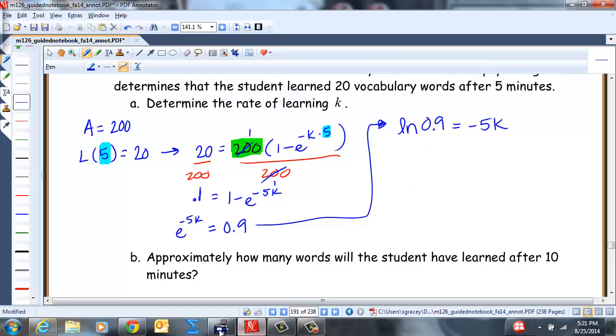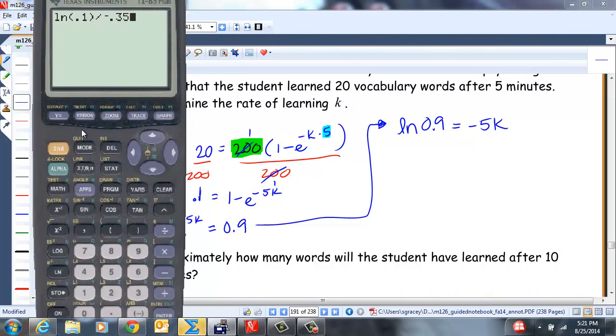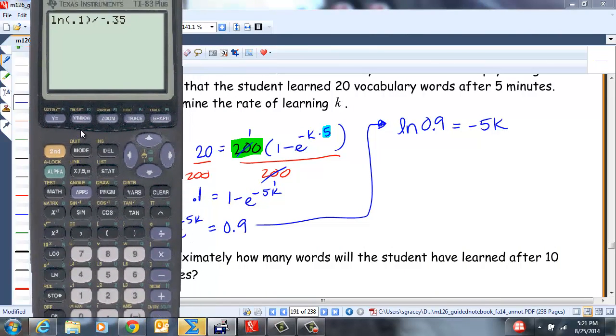So going to our calculator, oh, actually, I'm ahead of myself. Hang on.